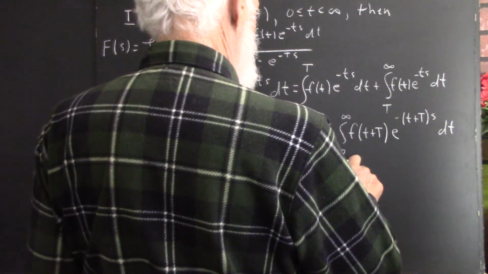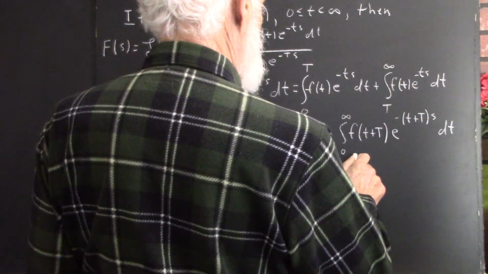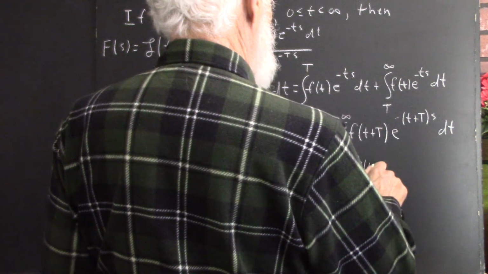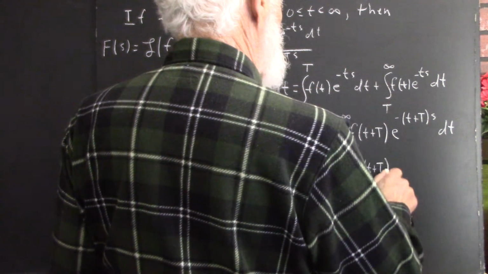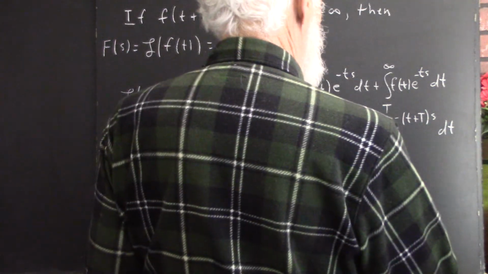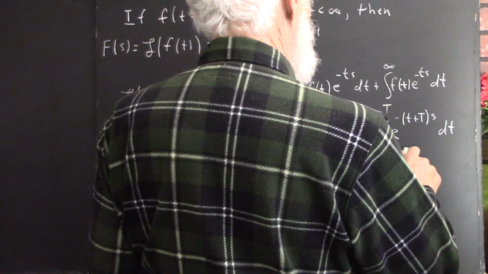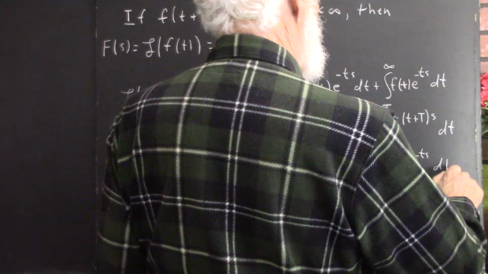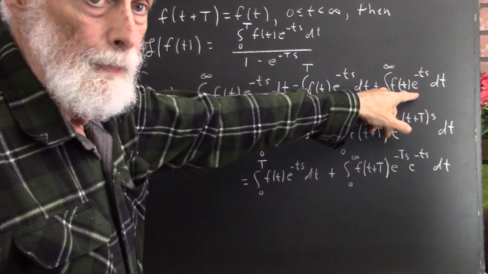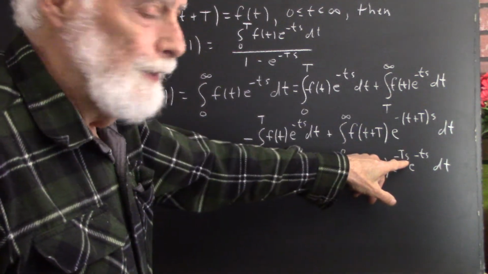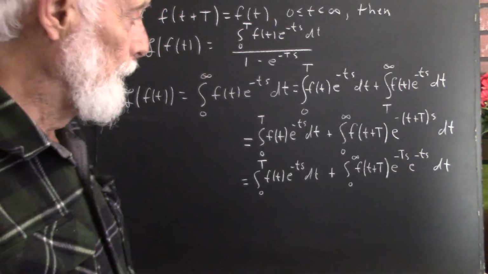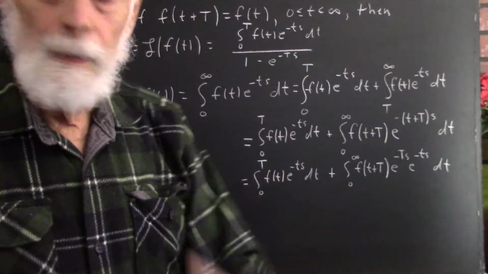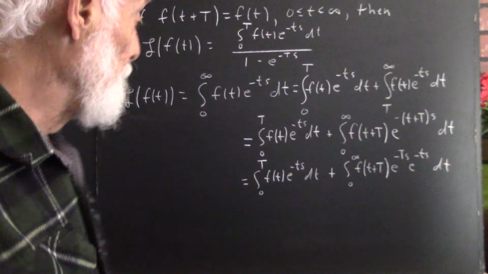I better write that in two steps. Just to make sure that we're clear, this is 0 to infinity, f of t plus capital T, and I'm going to write this as e to the negative capital Ts times e to the negative little ts dt. Now e to the negative capital Ts is just a constant. It has no little t dependence.